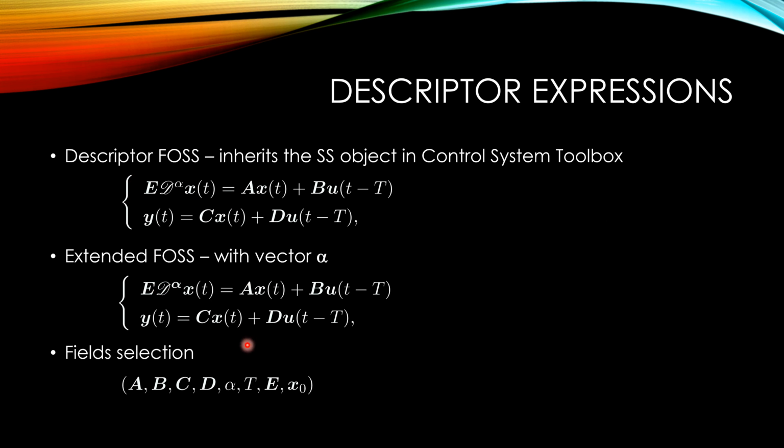So it's pretty interesting. You can just put in A, B, C, D, alpha vector, and T, where T is this delay, and E is this, okay? Of course, if E is not invertible, then the system is singular. E is invertible. X0 is your initial condition.